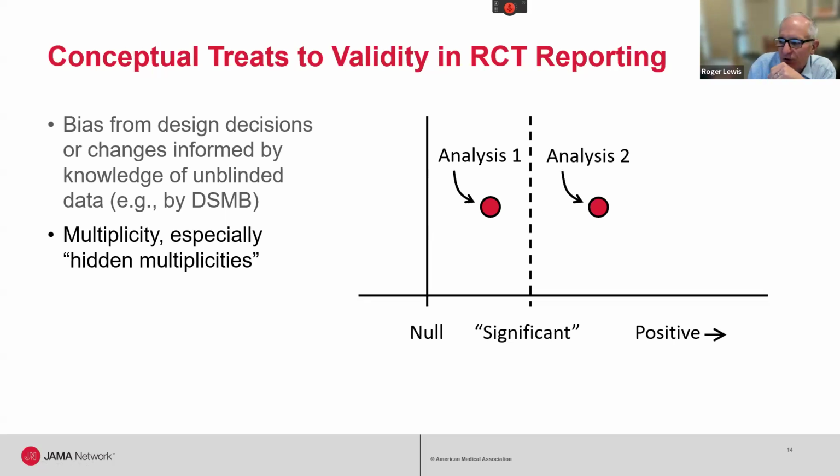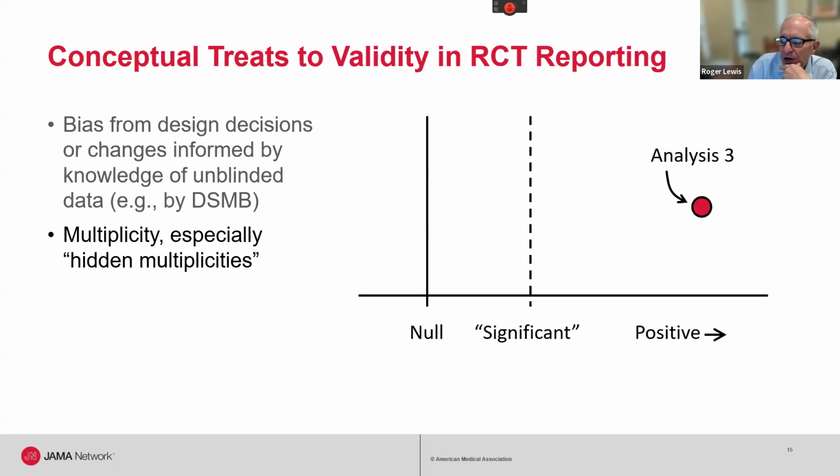You can think of it as trial by error, or you look at analysis 1 and you think, I should have adjusted for this covariate or something like that. And it may turn out there's even a third way to analyze the data, where once you have the data in hand, you can find it and get a really impressively statistically significant result. The thing that worries us is that analysis 3 may be the only analysis that we as the journal reviewers see, right?